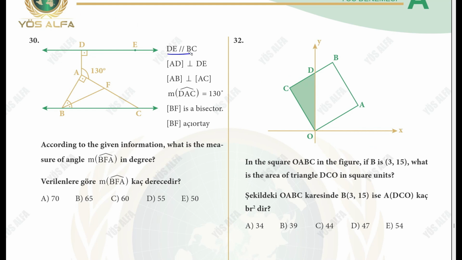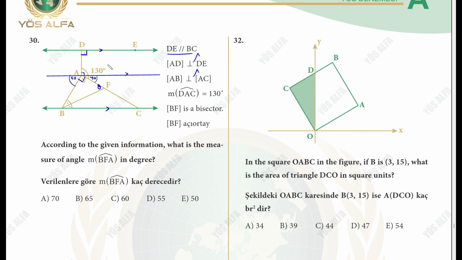30. DE and BC are parallel, and we have two perpendiculars, and DAC is 130, and BF is a bisector here. Angle BFA is that. So let's draw a line parallel to both DE and BC crossing A. So since this is 90, this is also 90. So we have 40 over here. So this is 90. If this is 40, this has to be 50.